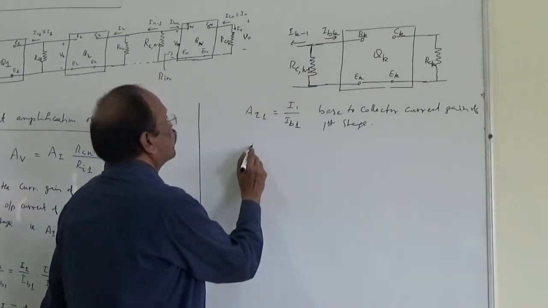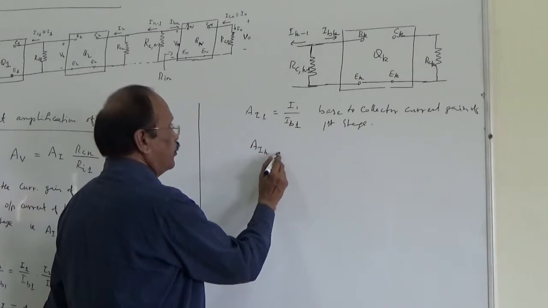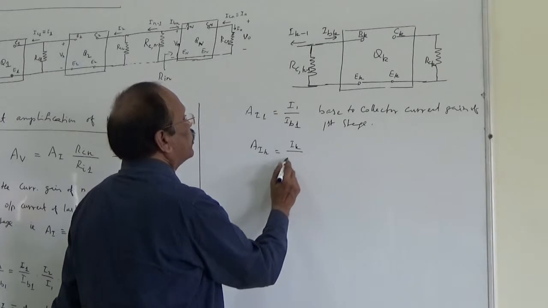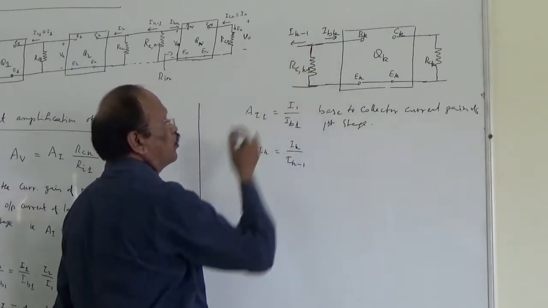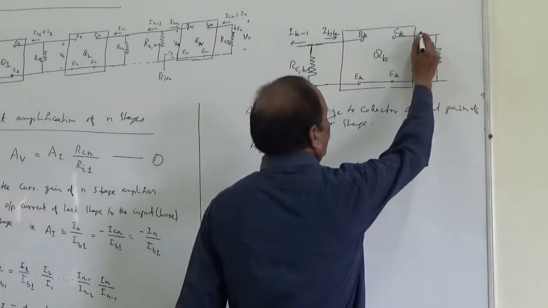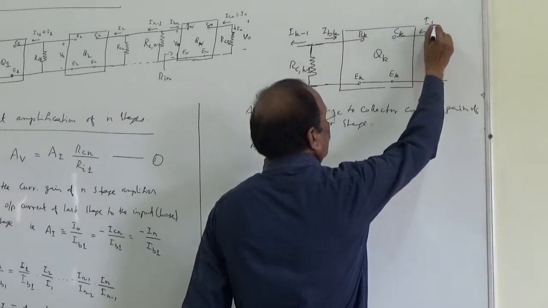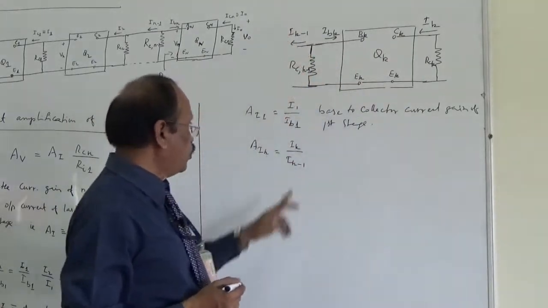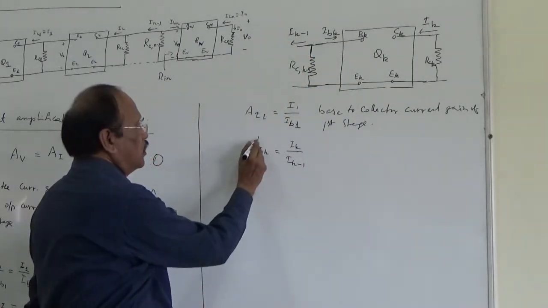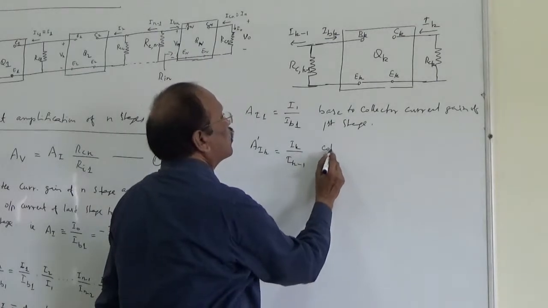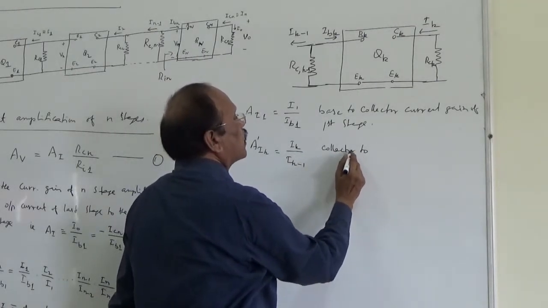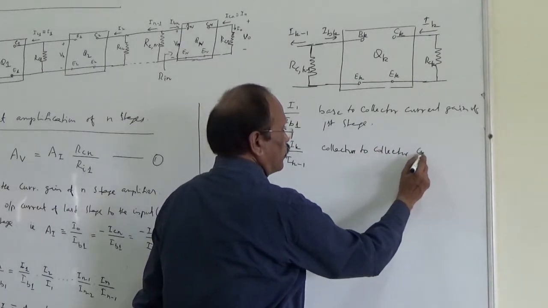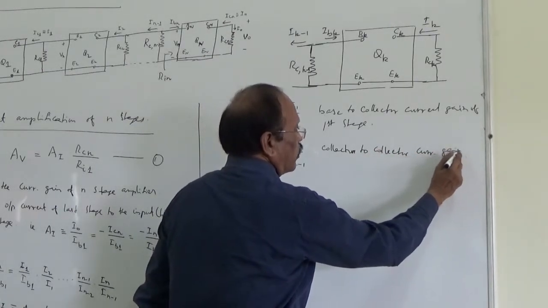And I can take, for example, AIK equal to IK by IK minus 1. For this case, this will be the collector current IK. So this IK by IK minus 1, I can take as AIK dash. This is the collector to collector current gain of the kth stage.